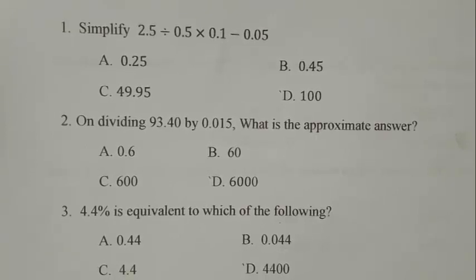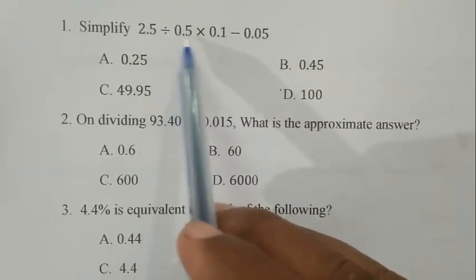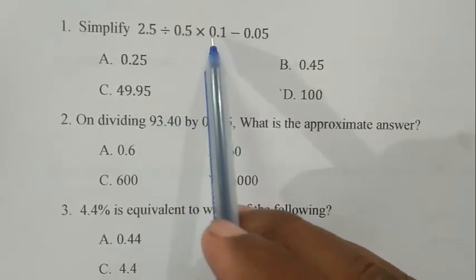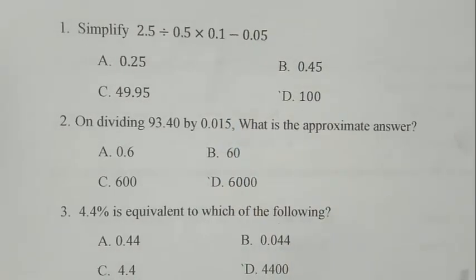Question number 1. Simplify 2.5 divided by 0.5 into 0.1 minus 0.05.